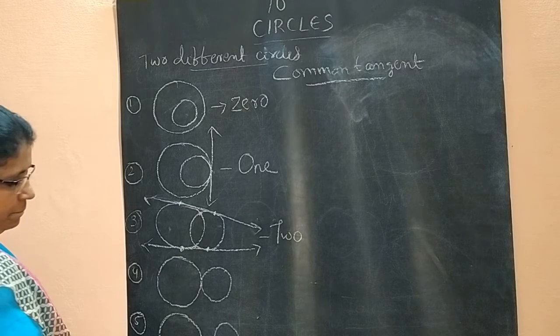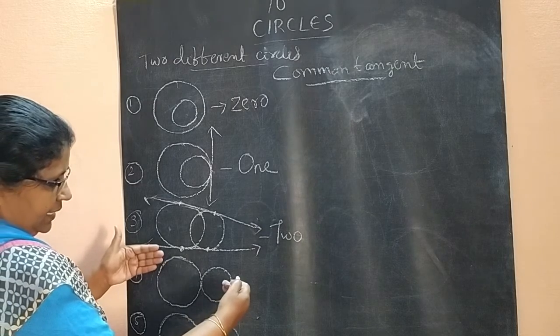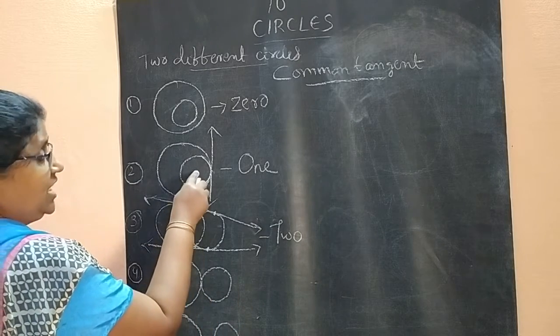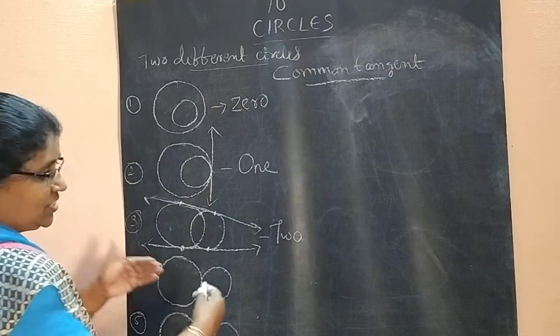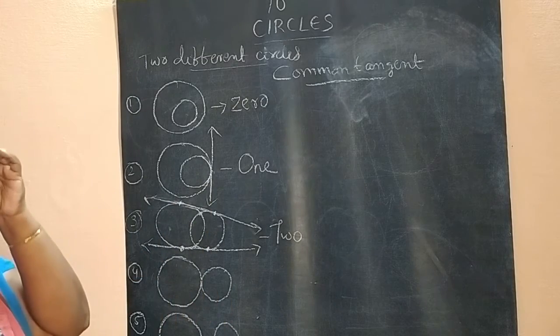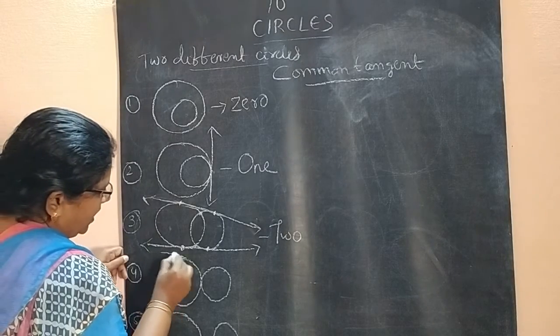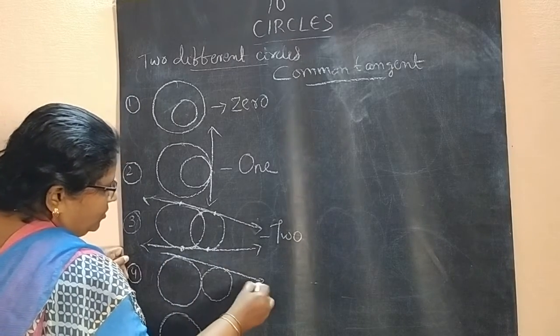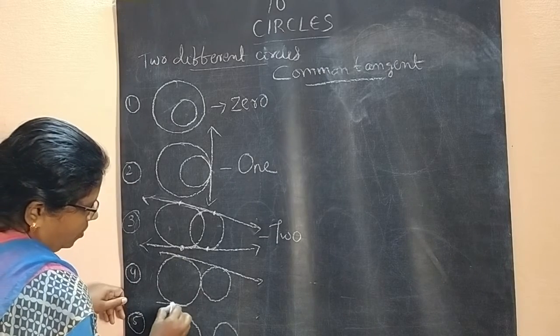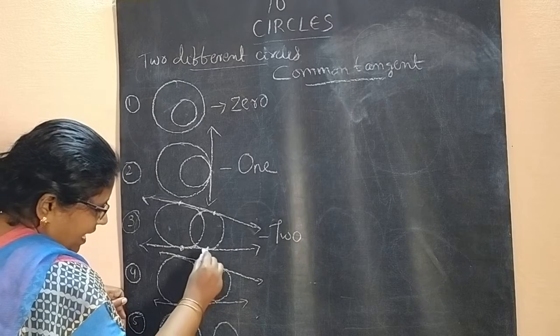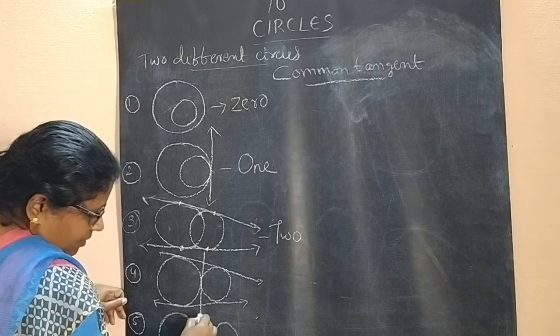Fourth figure, touching externally. This one was touching internally; this is touching externally, touching outside the circle. For this one, I can draw a tangent like this, and like this. I can even draw a tangent here.